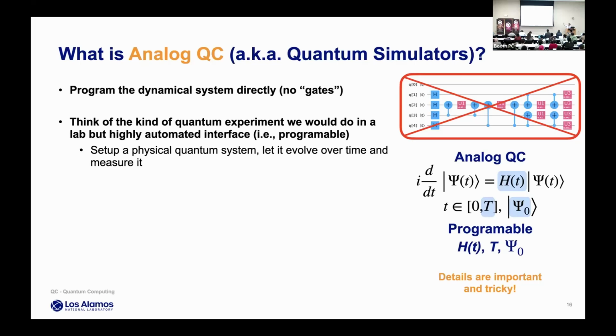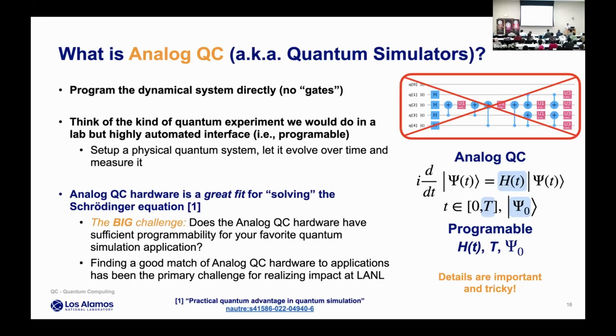Now, if an analog quantum computer could do that in the most general model, we would be done. We wouldn't need other types of computers, but there's a lot of details that make it difficult to use these computers for things. So the details of what you can do in each one of those blue highlighted sections is actually quite important. So in many ways, if your application is solving the Schrodinger equation, an analog quantum computer is an amazing tool for what you want to do.